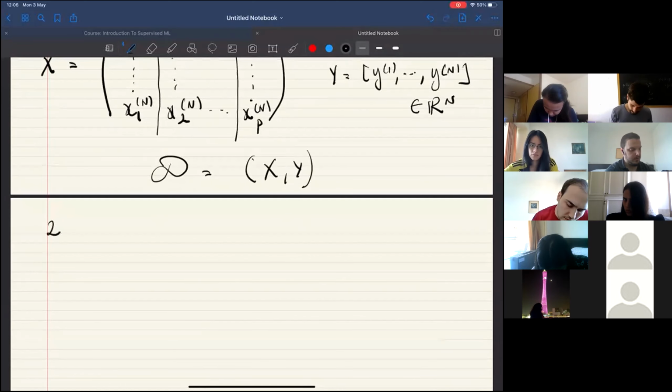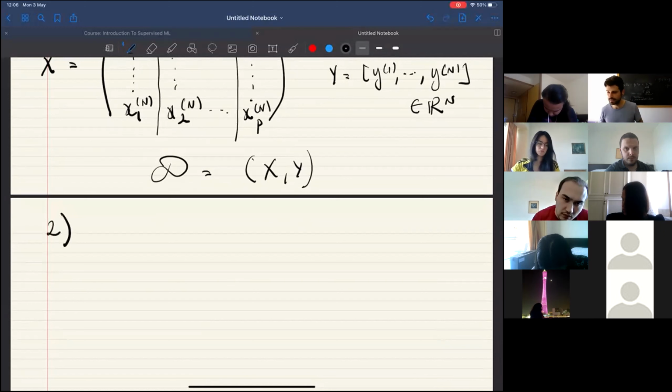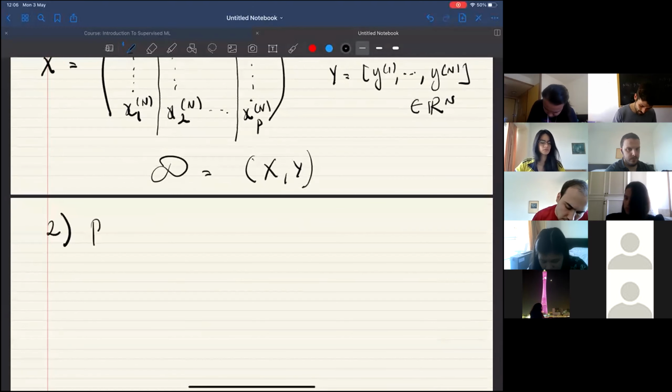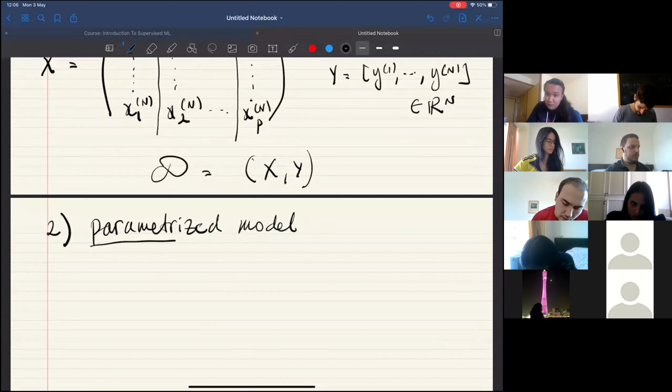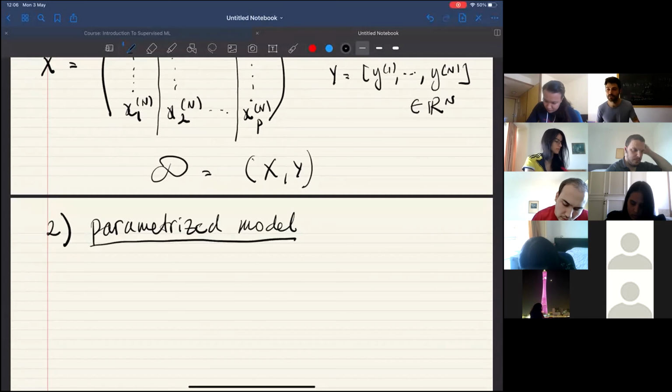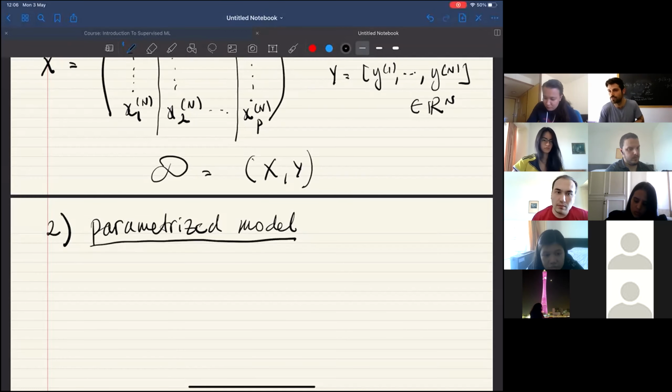The second key ingredient is a parametrized model. Now that we have this data, we need to design a model to process this data, to learn from this data, to predict for new unseen data.